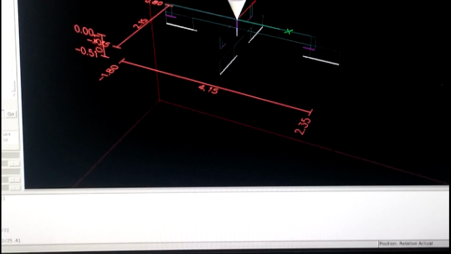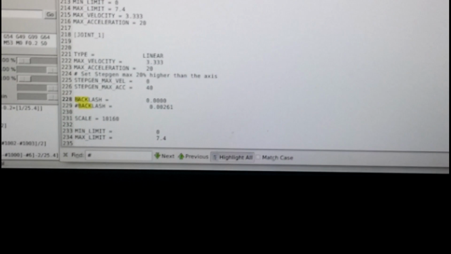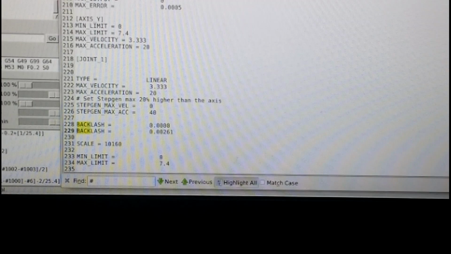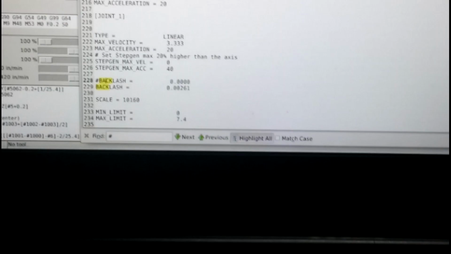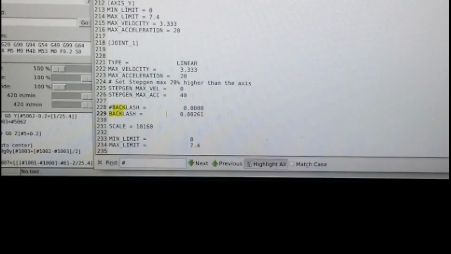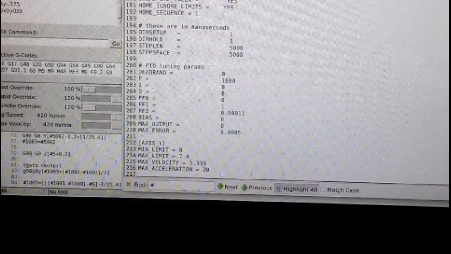So 2.8 and 2.7. I'm actually going to go into the INI and I was playing around with this. So 2.7 and X is 2.8.